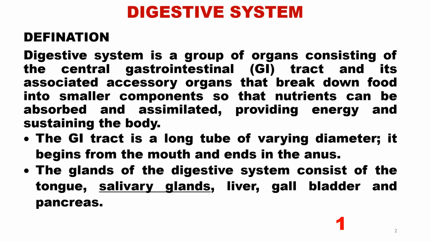So, whenever we say system biologically, a group of organs makes a system. Now, if you look at the digestive system, it comprises the mouth, which is an organ, the tongue, which is another organ, and the teeth.